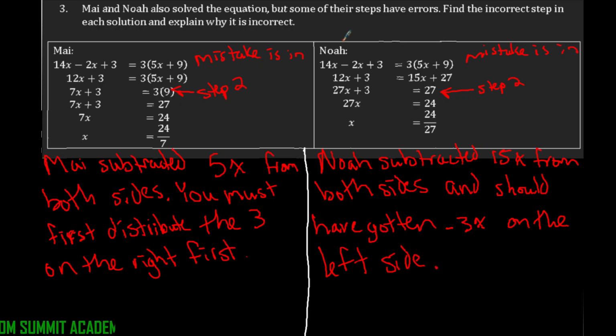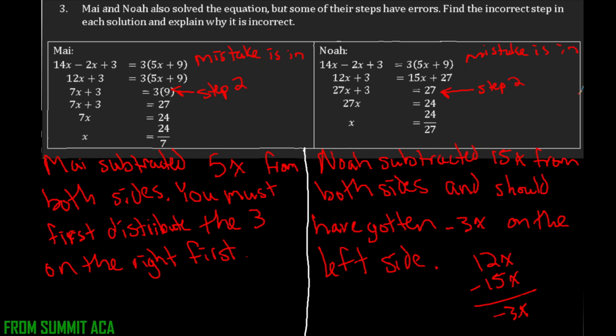Because when they did it, they did 12x minus 15x. That should give you negative 3x. So that's where the mistake is, both in the second step, but for different reasons.